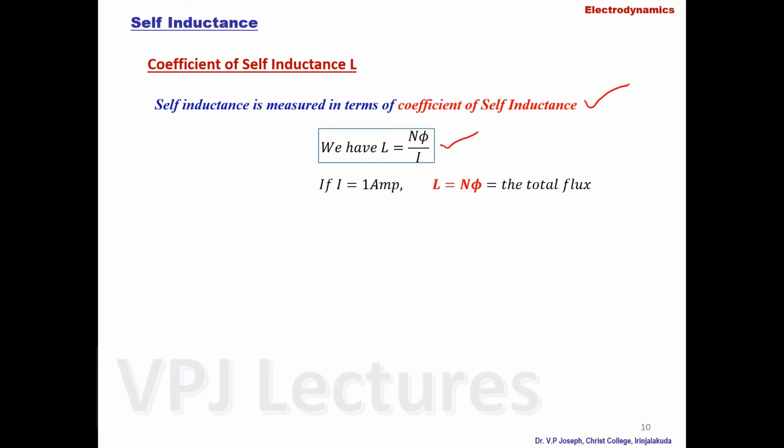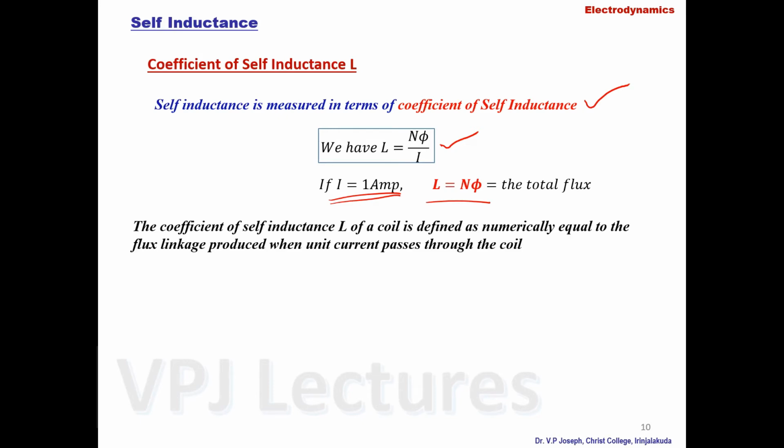Now we let the current flowing through the circuit be 1 ampere. So this expression changes to L is equal to N phi, that is, the inductance is equal to the total flux passing through. So the coefficient of self-inductance L of a coil is defined as numerically equal to the flux linkage produced when unit current passes through the coil.